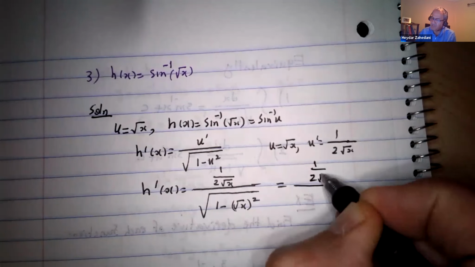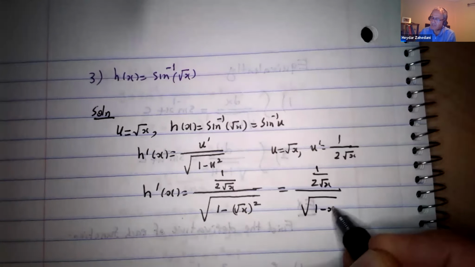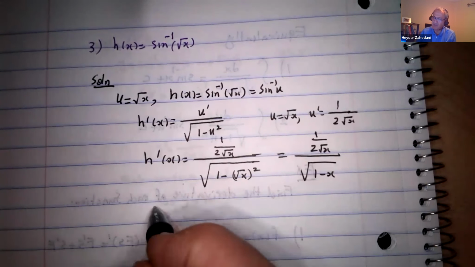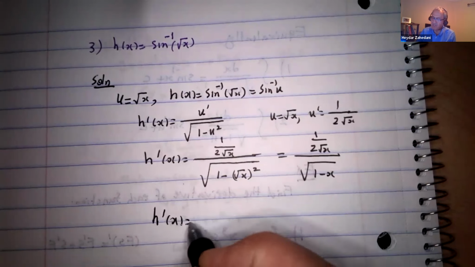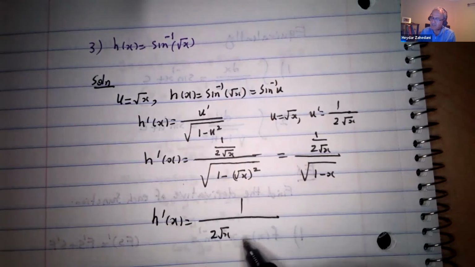The top one would be unchanged, and this is going to be 1 minus x, because radical x squared, you can bring that radical x down. So h prime of x is 1 over 2 radical x times radical 1 minus x.